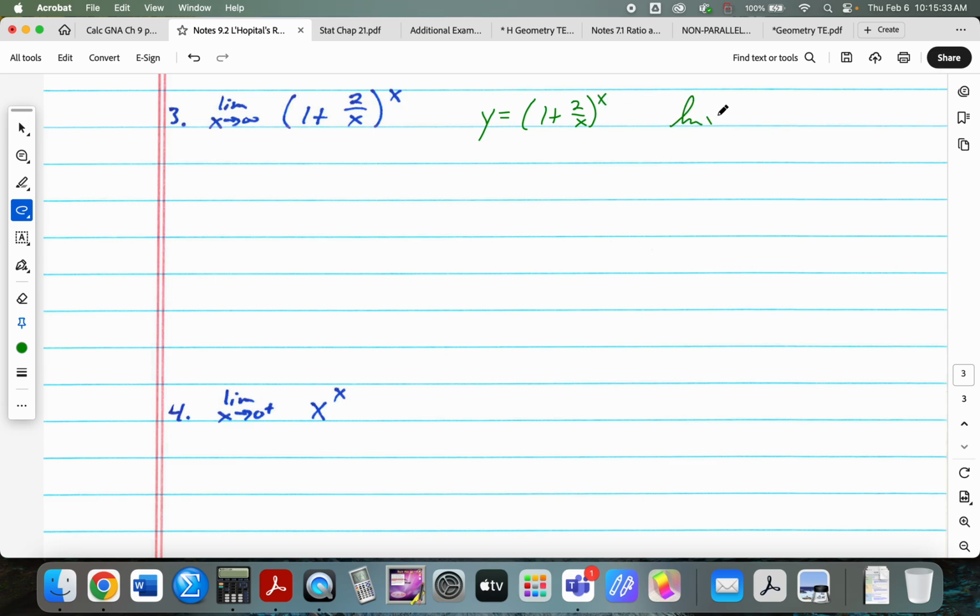So that the natural log of y is going to be equal to natural log of 1 plus 2 over x to the x power, which is equal to x natural log of 1 plus 2 over x, which is equal to natural log of 1 plus 2 over x over 1 over x.